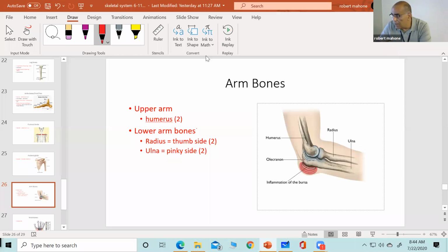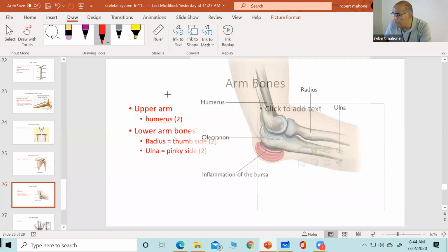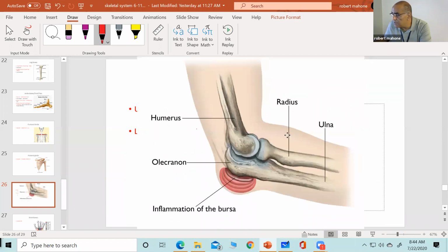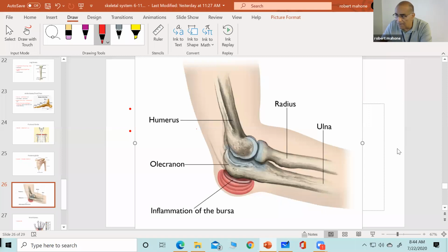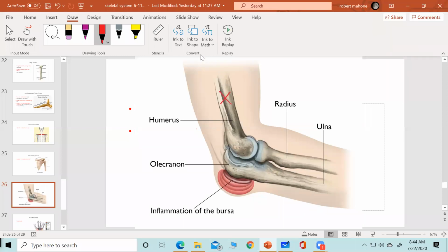All right. And I'm going to bring up this picture to show what happens when somebody hits their funny bone. Okay. When you hit the funny bone, first of all, you are not hitting the humerus. That's a misnomer. You're actually hitting the ulna bone. The radius right here, the ulna right there.